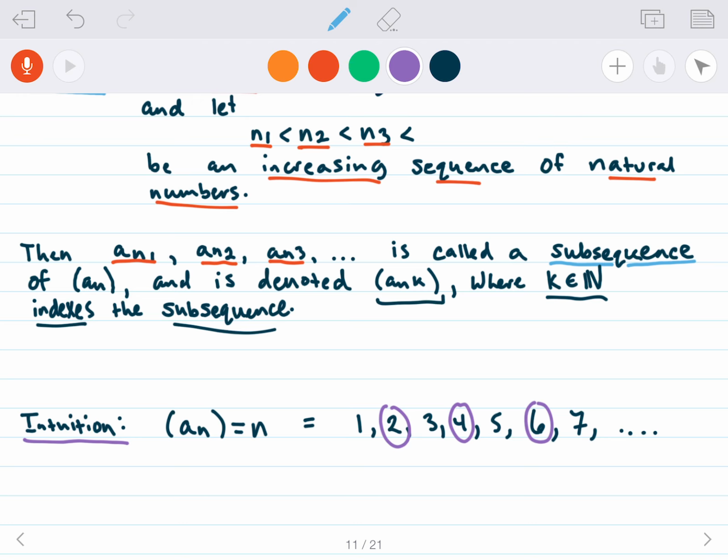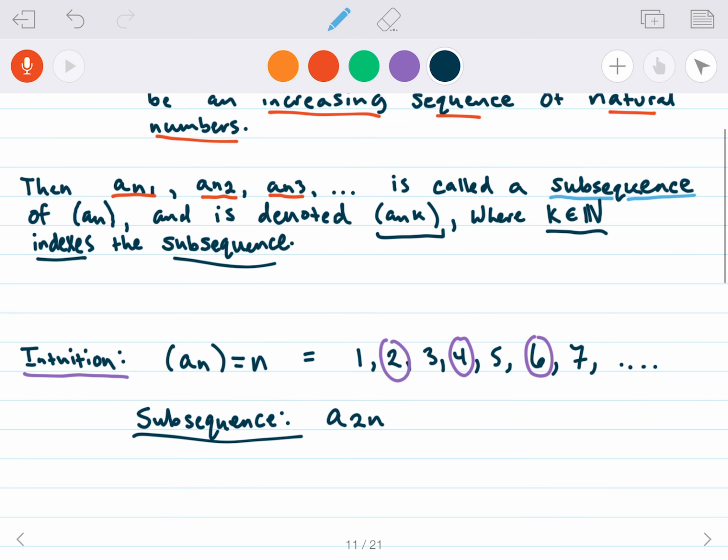Well, then I could consider the subsequence a sub 2n. And so that's just going to be 2, 4, 6, 8, 10, and so on. This guy is going to be the first term in our subsequence. This is a sub n1.